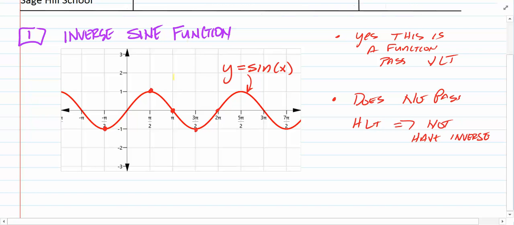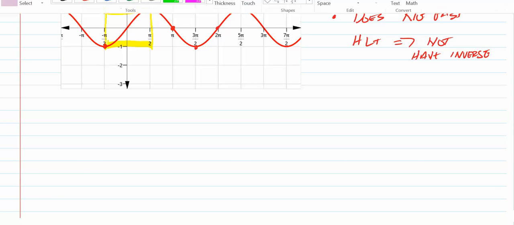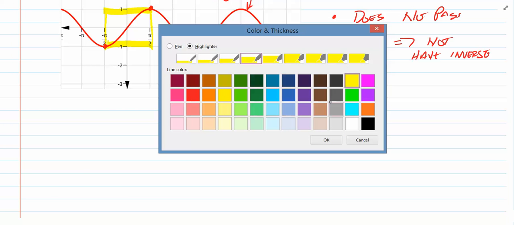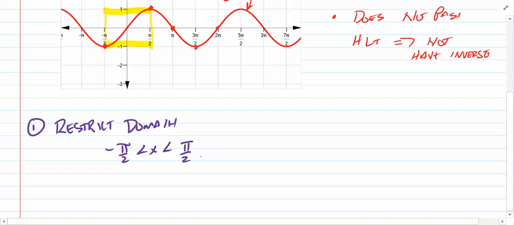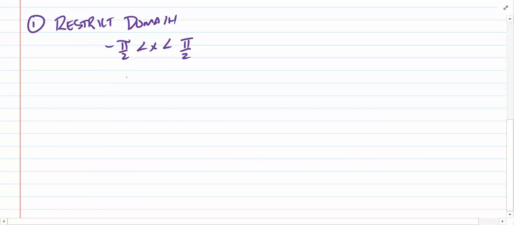So here's what I'm going to do. What if I just restricted the domain to be inside this little box here, from negative pi over 2 to positive pi over 2? So what I'd like to do is draw a picture of that. Let's restrict the domain between negative pi over 2 less than x less than positive pi over 2, and draw yourself that.